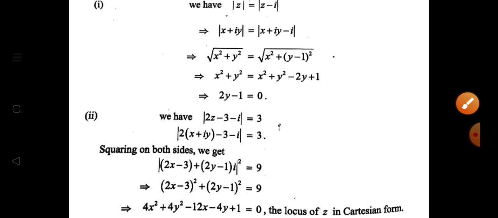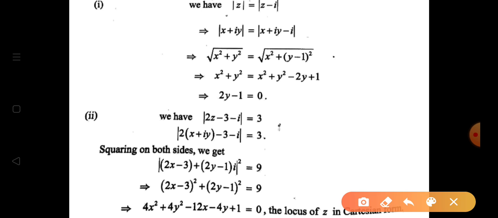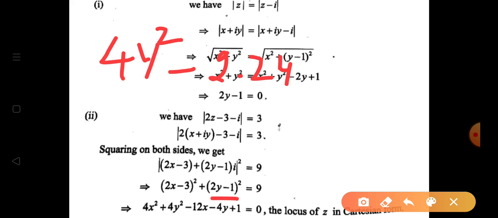Now the second part, 2y minus 1 whole square. A minus b whole square formula. 2y whole square, that is 4y square, minus 2ab, 2 into 2y into 1, so minus 4y, plus 1 square, that is 1.